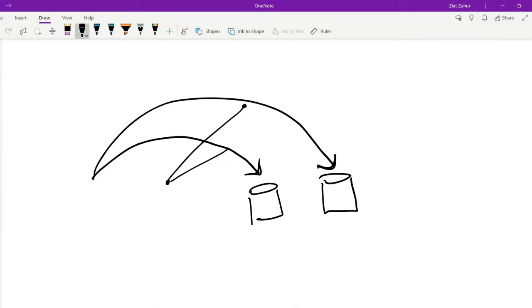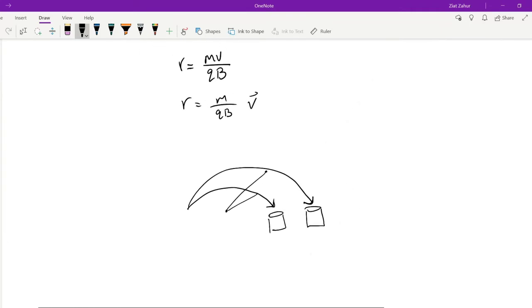Now the real question: if you have a heavier isotope, will the curve be smaller or bigger? Will my circle be smaller or bigger? I also have to make sure that they're charged in order for this to work. Yes, look, m is in the numerator. So with a bigger mass, it's going to curve less. You could also think about it in terms of inertia.